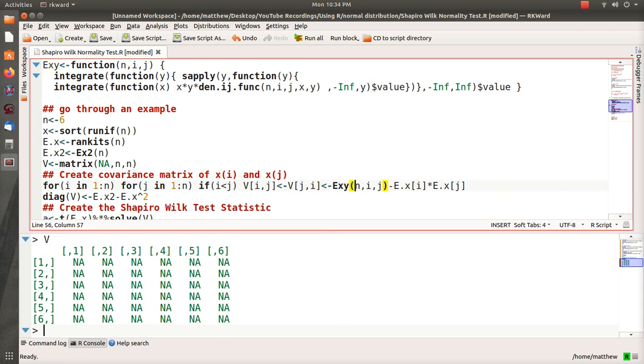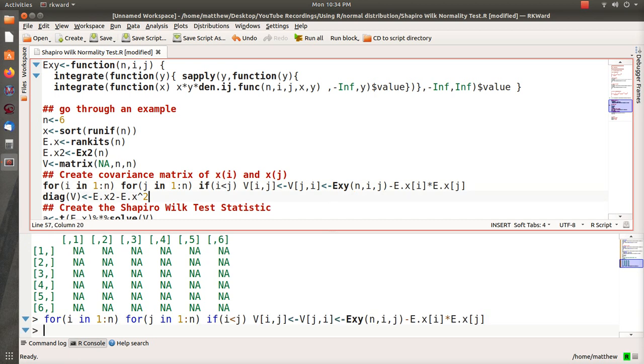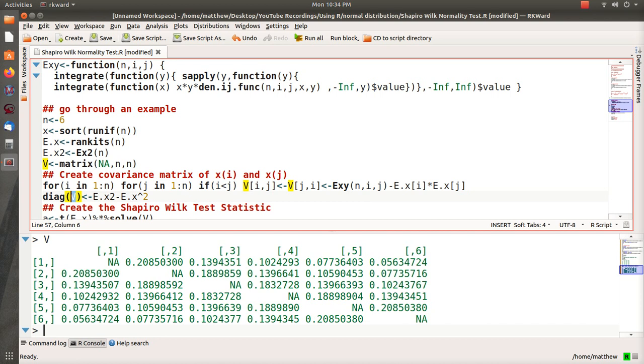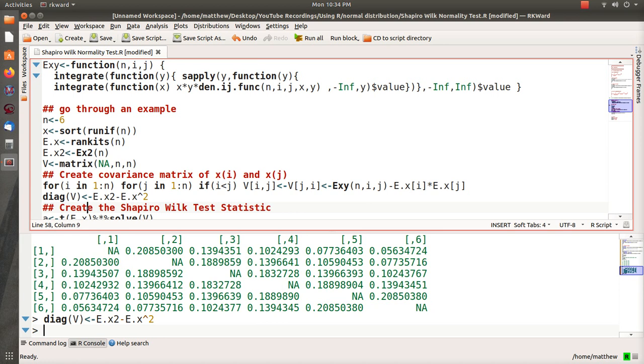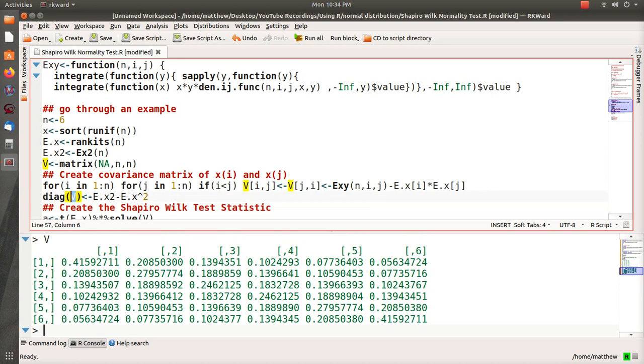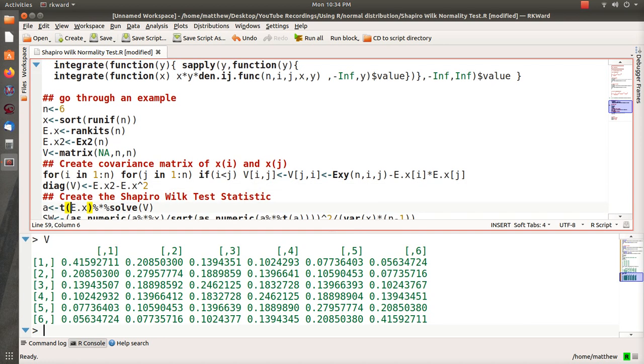So that for loop is crunching the covariances, and let's look at it. It created this, and it missed the variances. To calculate the variances, I use diag(V), which isolates the diagonal elements, and I take the expected value of x squared minus the squared mean, and I plug it into that V matrix, and there it is. There's the variance-covariance matrix.